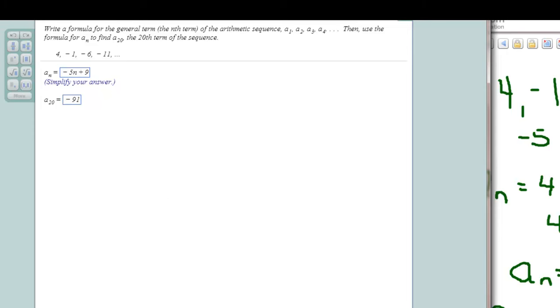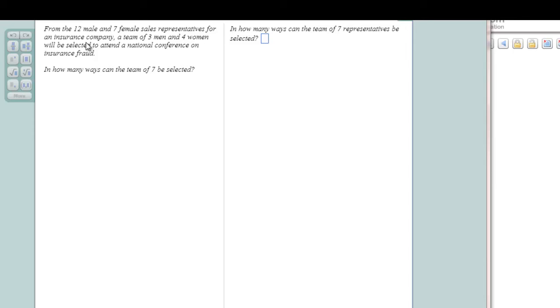Next question. For this problem, we're dealing with committees. We have 12 males, and we're going to choose 3 of them. We have 7 females, and we're going to choose 4 of them for this committee. Now, going back to permutations and combinations: with a committee there are no specific positions, we're just picking people.